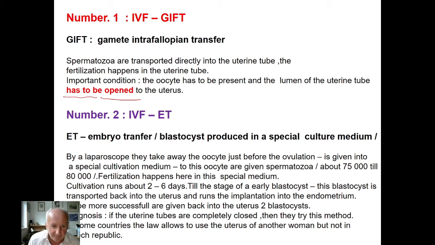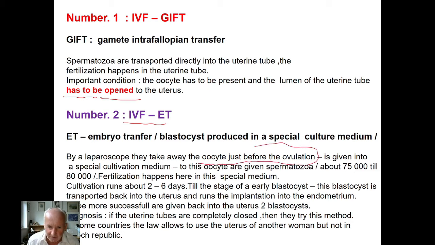Second possibility, embryo transfer. Really the uterine tubes are closed. It's sure that the morula and the blastocyst would not move to the uterus through the uterine tube. They gain the oocyte from the lady just before ovulation.